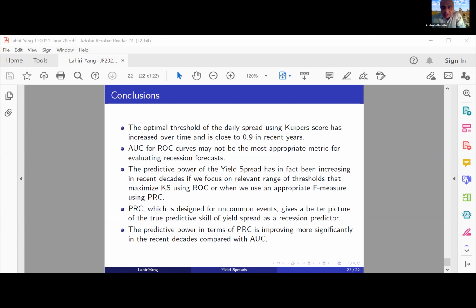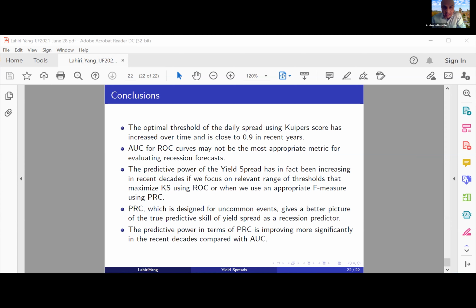Okay. The reason I brought this up is that there was an interesting QJE paper by Jeremy Stein et al. two or three years back. It's actually in my paper's citations. They argue that BAA minus 10-year is one of the best predictors, and the key point was that it's available for a fairly long time, from 1919.